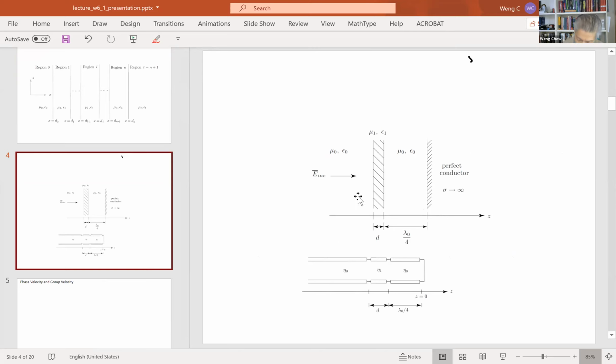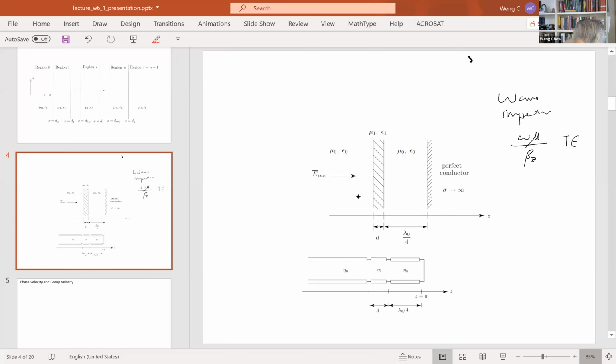You probably remember that we have this wave impedance, which I call omega mu over beta z for TE.